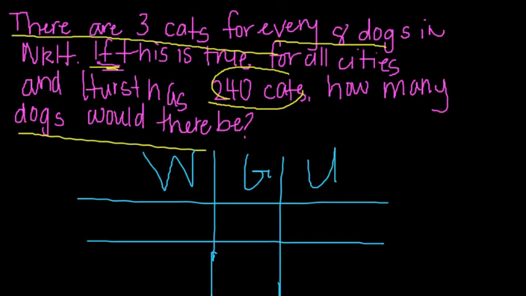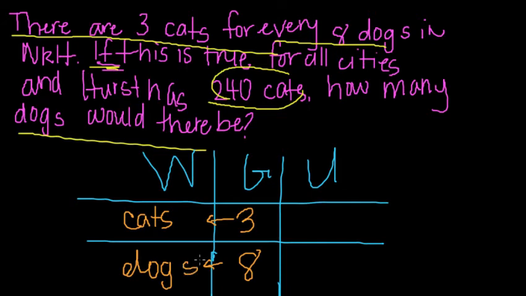All right, let's look at our statement. There are 3 cats for every 8 dogs. 3 to 8 is our ratio. Let's talk about what 3 is. 3 stands for cats. 8 stands for dogs. So all we've done is label. Then the question says, if this is true for all cities and Hurst has 240 cats, how many dogs would there be?